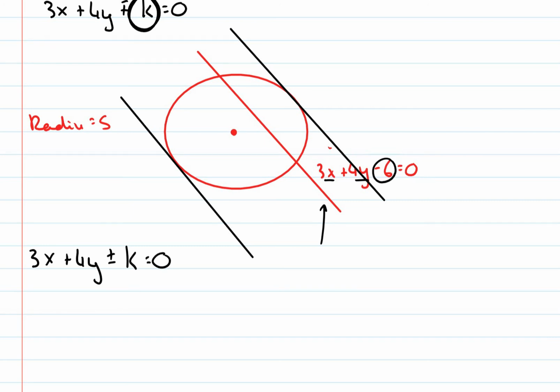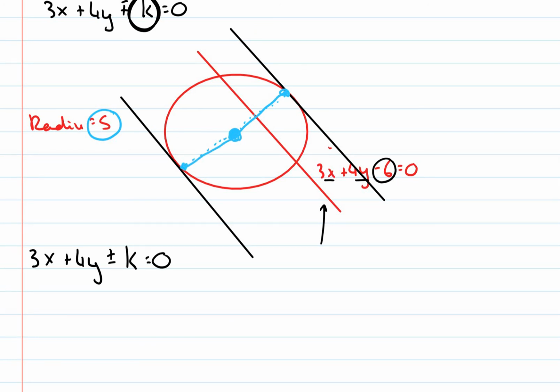The second thing I know is that the distance from the centre of the circle to each of those lines is going to be 5. Why is that? Well, because the radius of the circle is 5, which is the distance between here, and also here, and here.